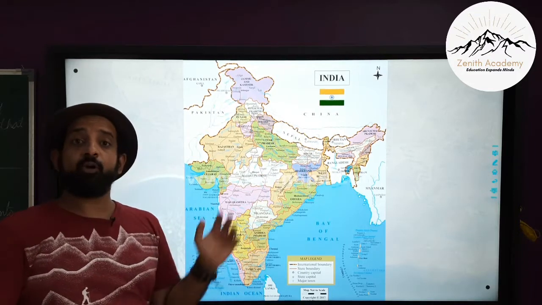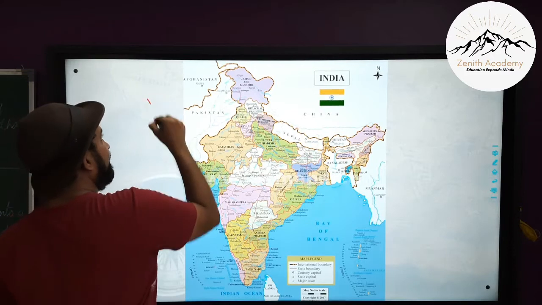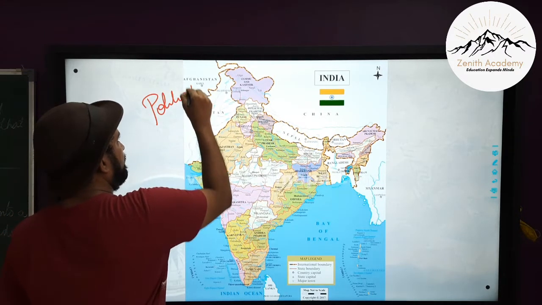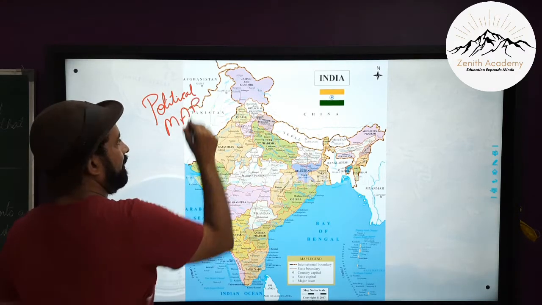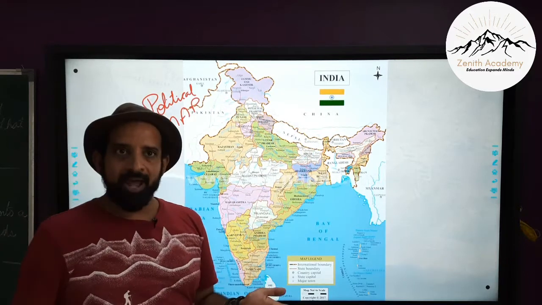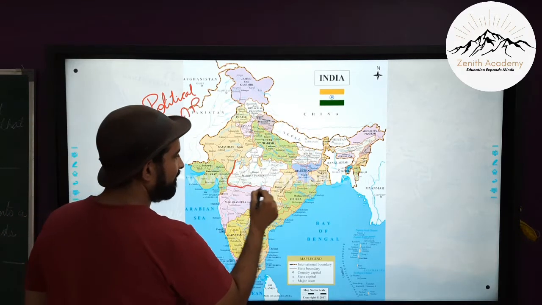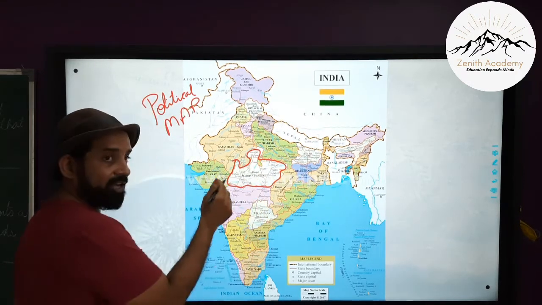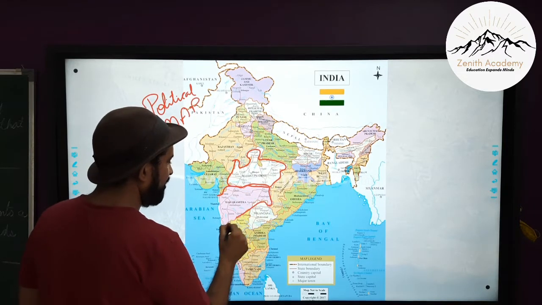Now we see the political map of our country. So again, let me write here, this is a political map of India. Like a world map, every state of our country is also in a map. A political map is clearly defined by its boundaries. So this is Madhya Pradesh, this is Maharashtra.